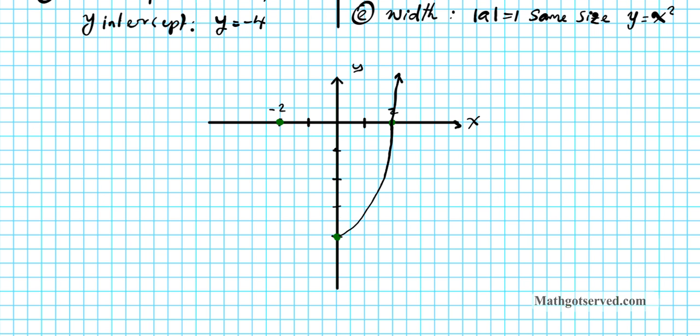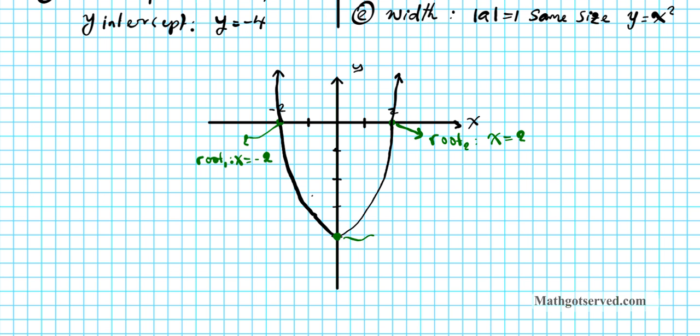And then the next one there, like that. Okay, and let's go ahead and label it. This is the second root, root 2, which is x equals 2. And then this is root 1, which is x equals -2.